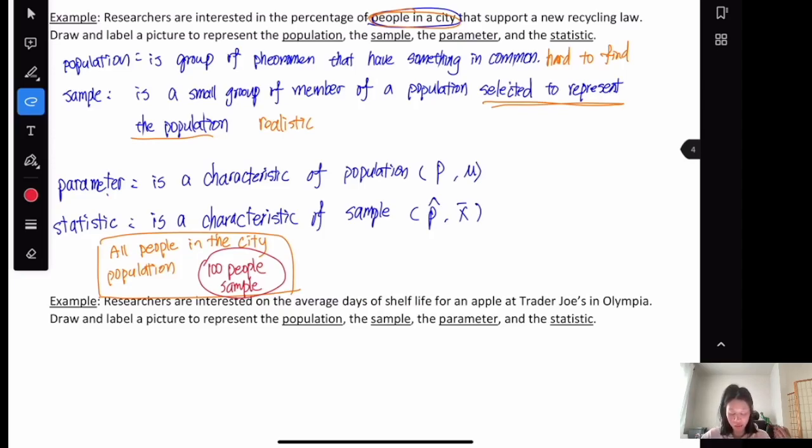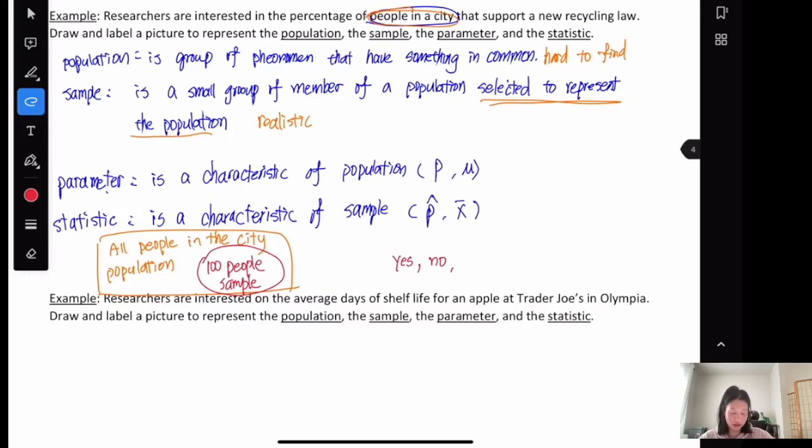Now we need to know the parameter and statistic. You want to know people's opinion, right? When it comes to opinion, they either support it or they don't support it, or a third option is they don't have an opinion.